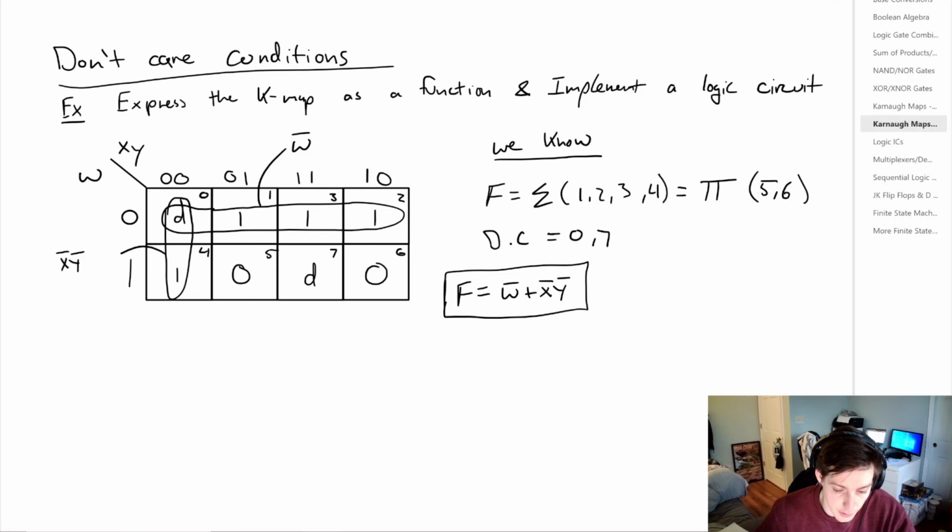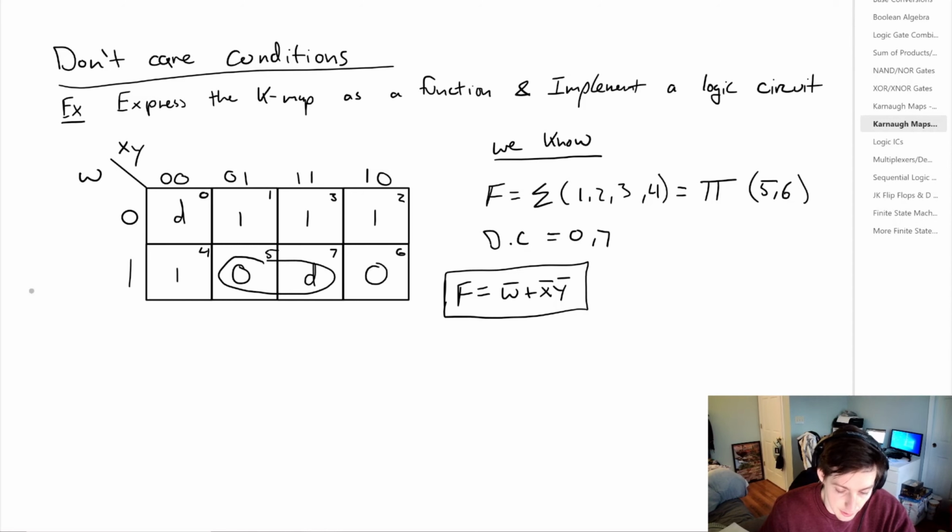And now we want to look at the product of sums. So we're going to group the zeros. And to group the zeros, unfortunately, we cannot group 3 terms together, but we can group 2 terms together. So we have one grouping here and another grouping here. So this first grouping, we get this term equal to w y, and this second grouping, we get w x.